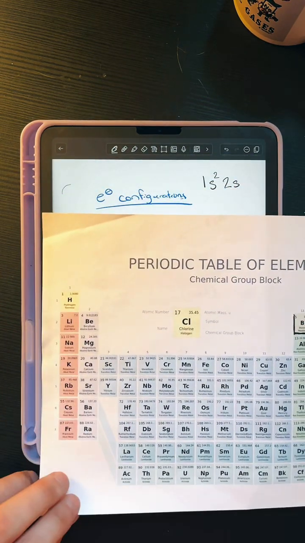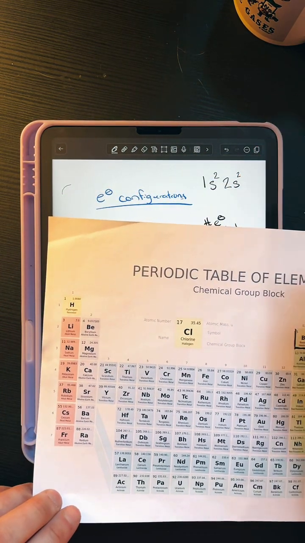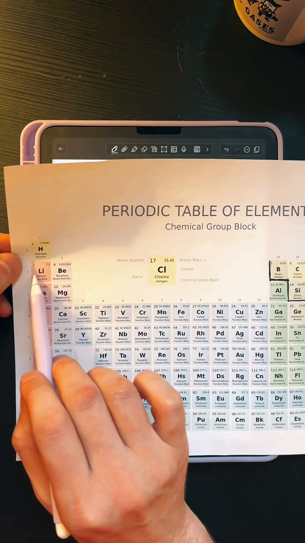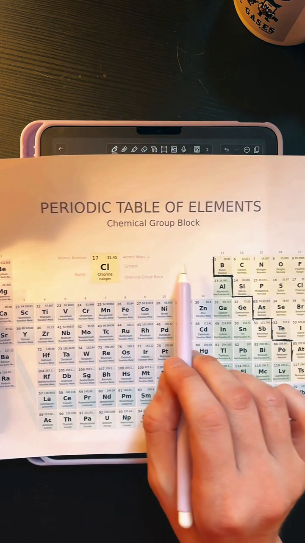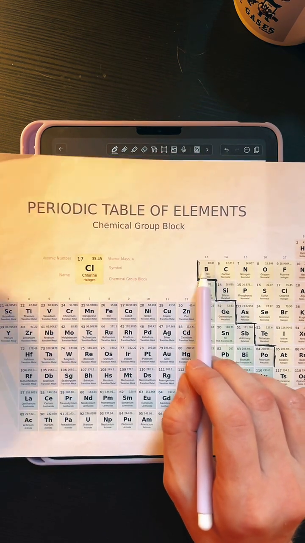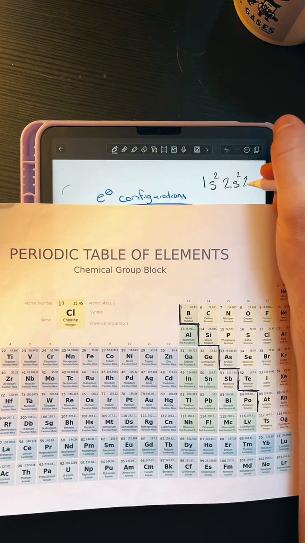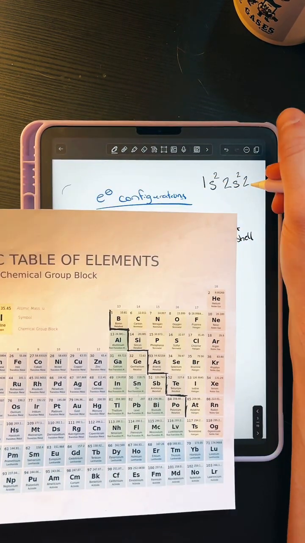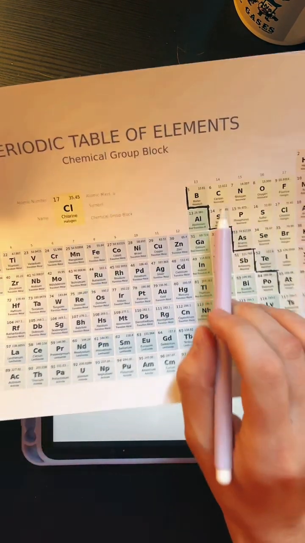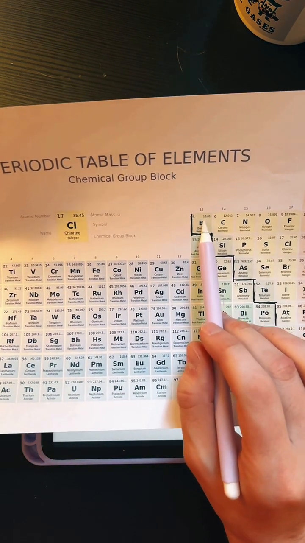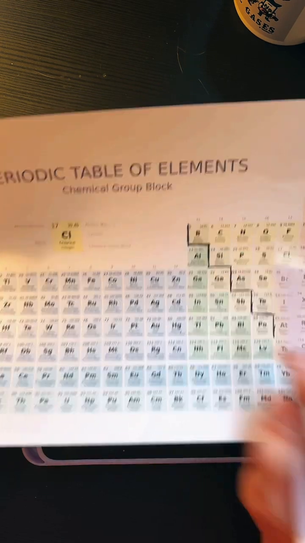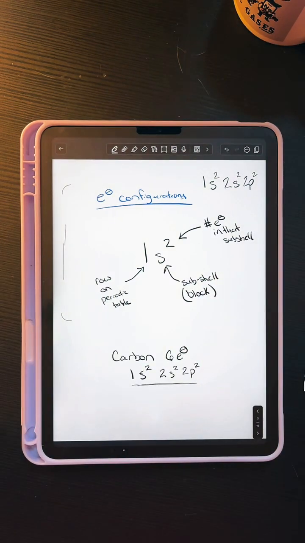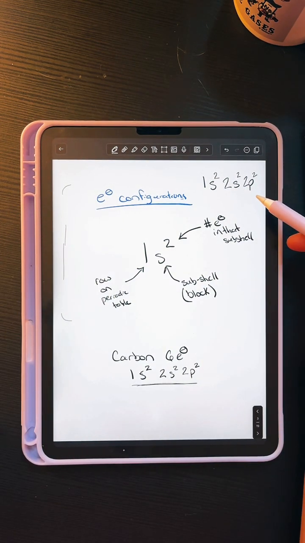Those elements each bring an electron, so 2s2. Then we continue left to right, all the way over. Now we're still on the second row, but we're no longer in the S block. We are in the P block. So we can go 2p, and if we go over to carbon, we go through boron 1 and carbon 2, so we have 2 electrons for carbon. And that's how I got the 1s2, 2s2, 2p2.